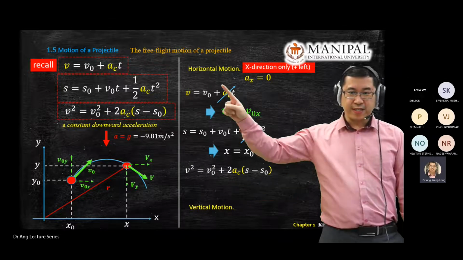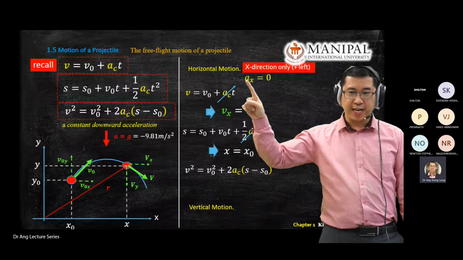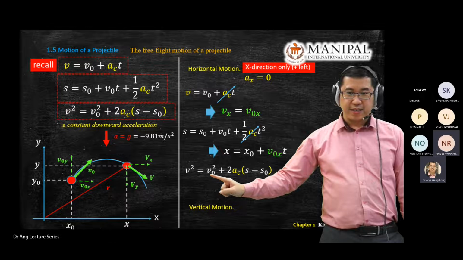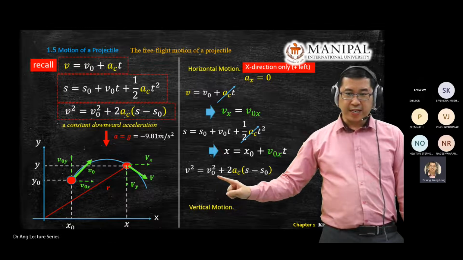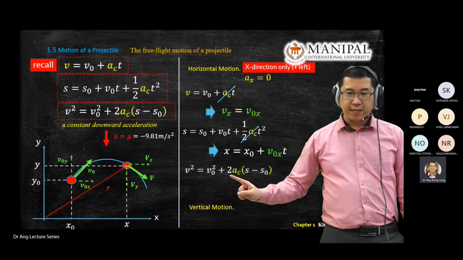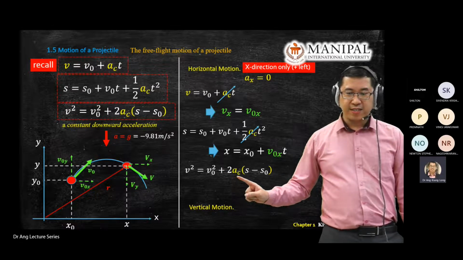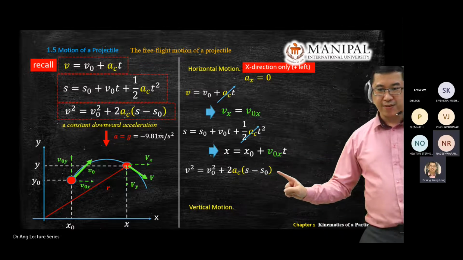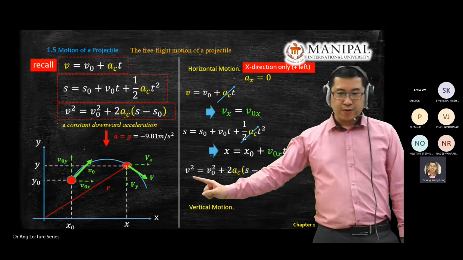Okay, but in horizontal motion, in the x direction, what will this become? Vx. Vox, right? In the x direction, Vox squared. Plus 2, then this one? That would be 0, sir. Okay, 0. So this whole thing cancels.